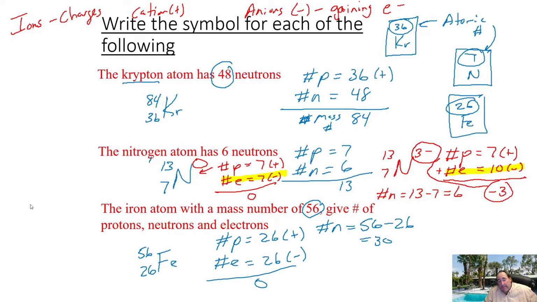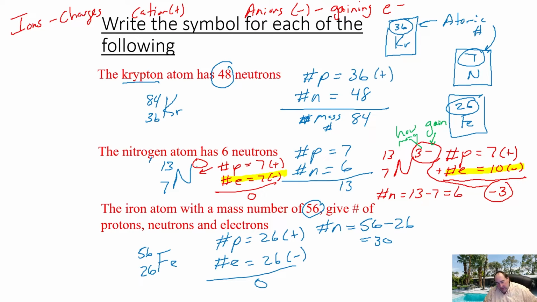The charge number tells you basically how many electrons it gained. So negative means gains, and that is how many it gained from the neutral atom. And again, that's basically the difference, right? 10 electrons versus 7 electrons, difference is 3.